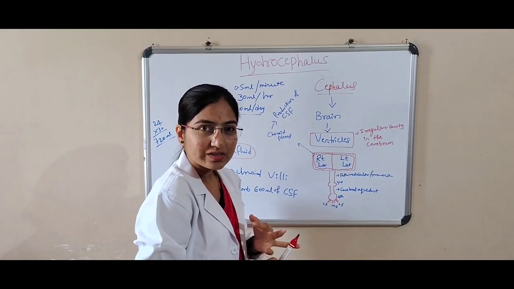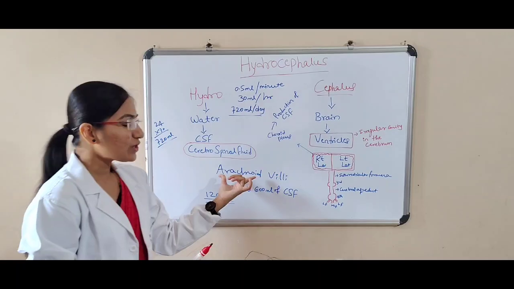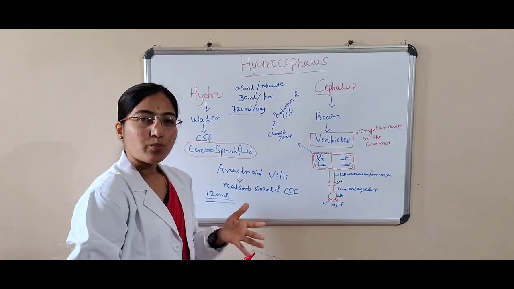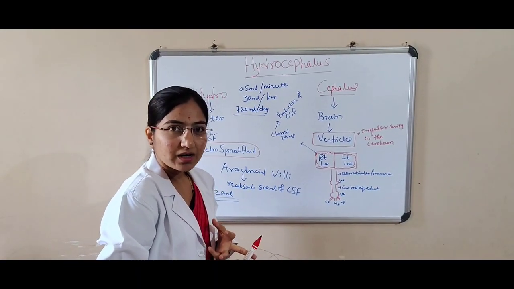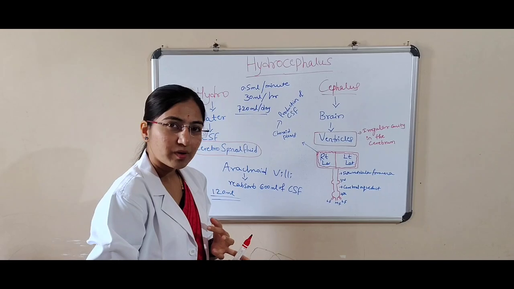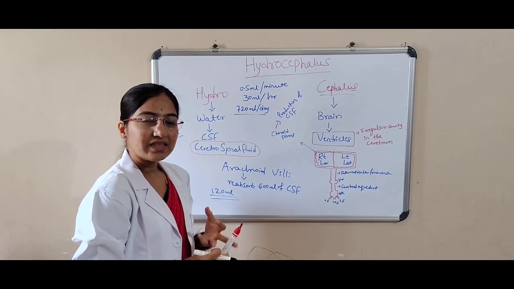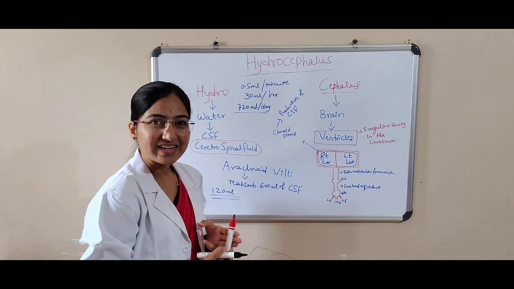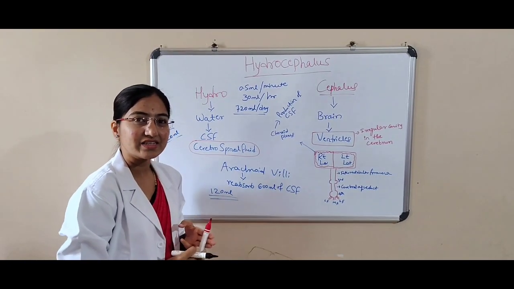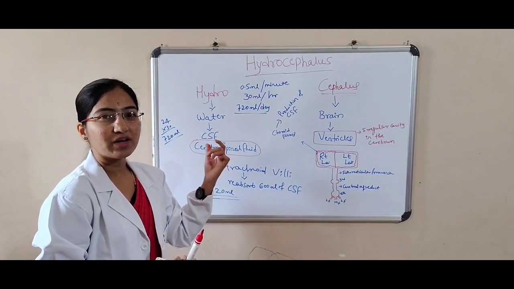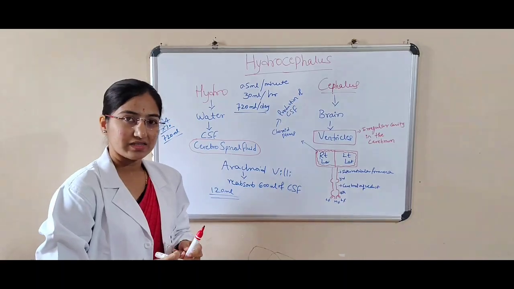This is the second cause. And then in the arachnoid villi there is no proper reabsorption. There is less reabsorption, or there may be no absorption. These are the three causes. Easily we can understand if you know the normal phenomenon.